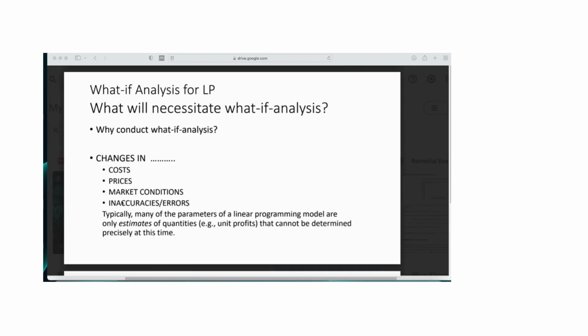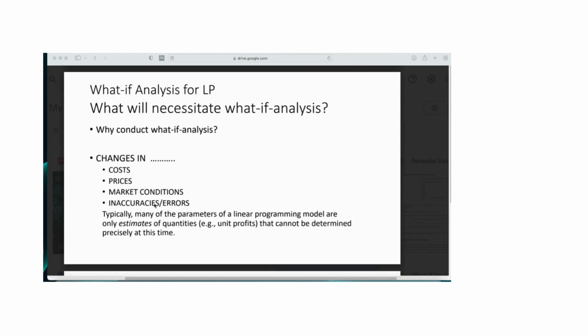Now, the inaccuracies, on the other hand, will stem from the data that we procure, or that the management scientist would get from, let's say, the operations department.